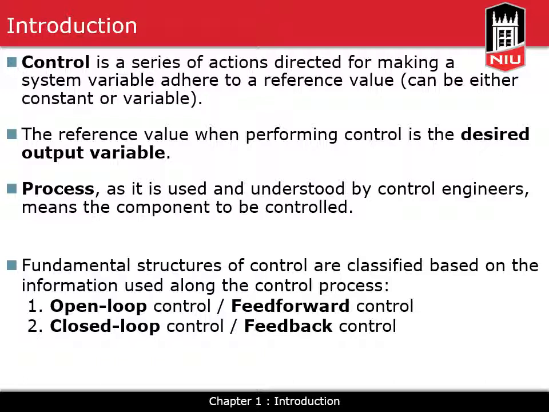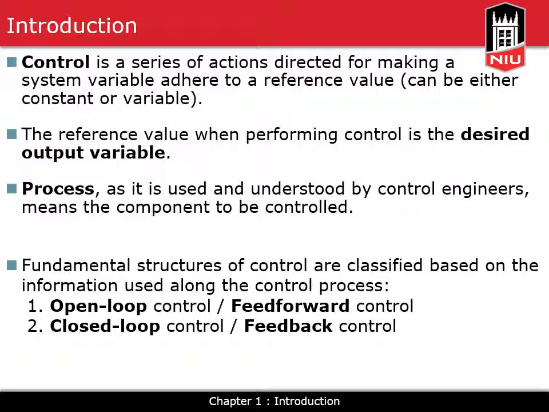Fundamental structures of controls are classified based on the information used along the control process. There are basically two types of control. The first one, which is the simpler one, is called open loop control, and another name for that is feed-forward control. In this type of control, there is no measurement whatsoever, and therefore the control job has to be performed based on a guess.